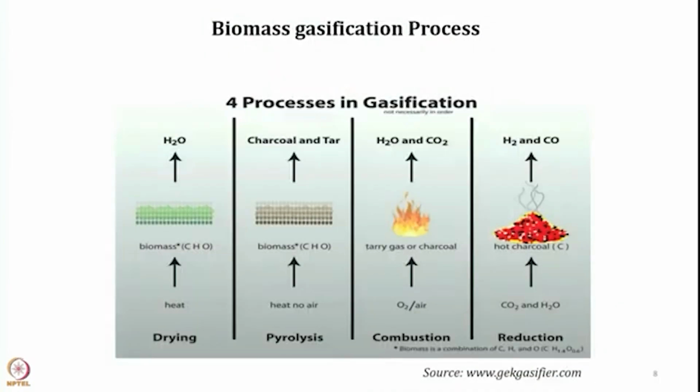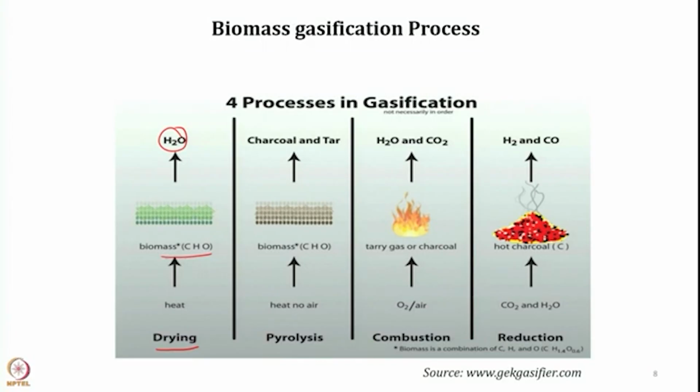To reiterate physically how it happens, the first step is drying, where we heat the biomass and remove the moisture. Typically in the gasification process 20 to 30% moisture is allowed, because moisture removal is a highly energy intensive process, so the overall temperature gets reduced if we put in a very high amount of moisture. Many green biomass will have 40 to 50% moisture, and it will be difficult to process here.